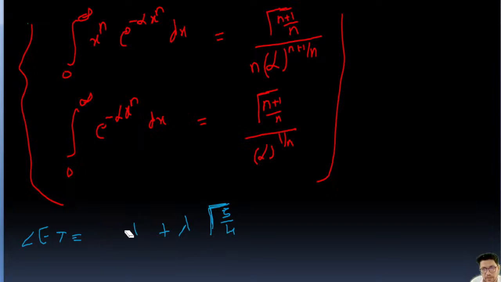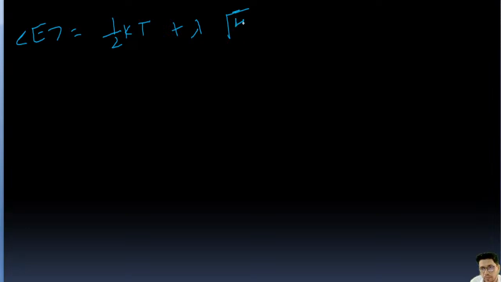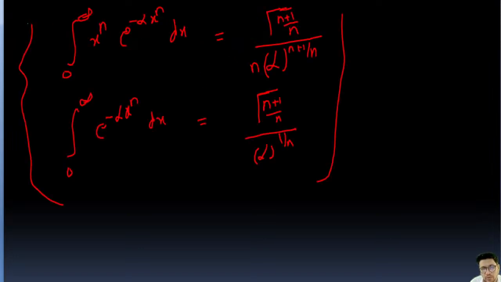I'll write in the next page. So the average of E is going to be half kT plus lambda gamma of (n plus 1) upon n, where n is 4 here, into alpha to the power (n plus 1) upon n. What is alpha here?